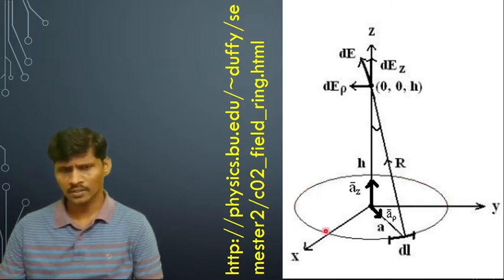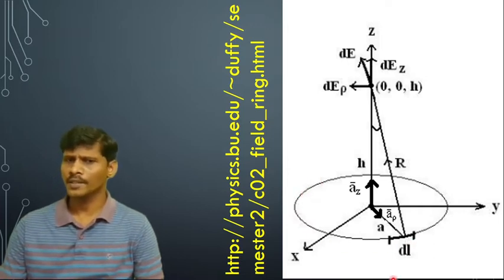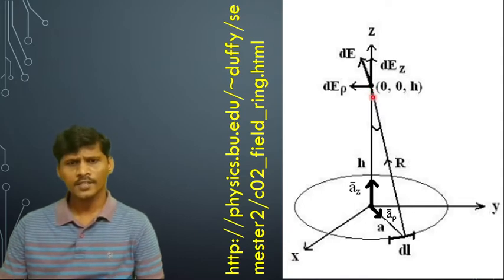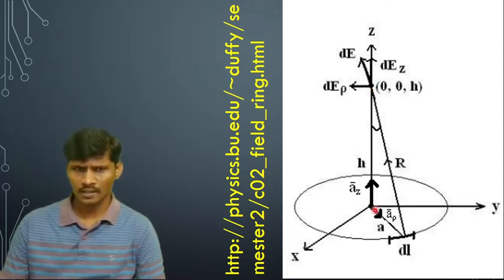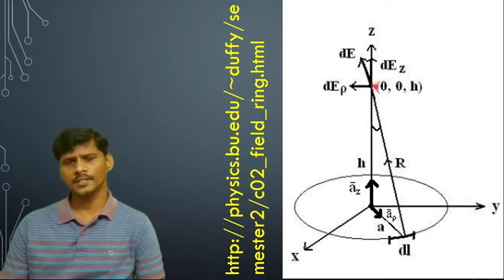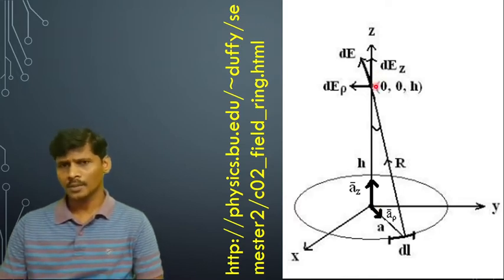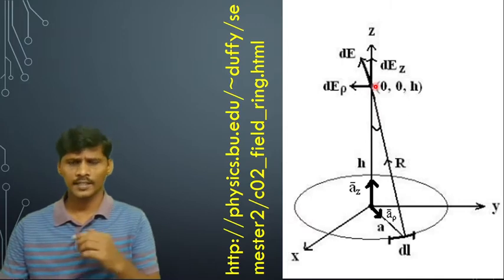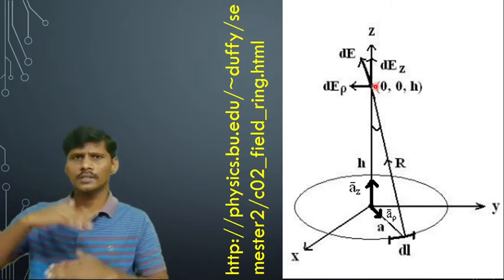Find the electric field intensity at point P on the z axis at a distance h meters from the origin. Point P is considered on the z axis, that is perpendicular to the circular ring.